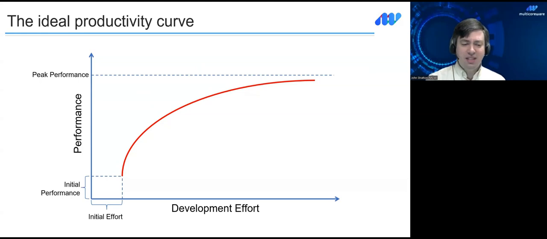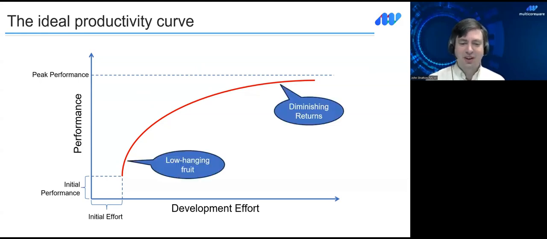You'll notice that this curve is, well, curvy. It's got a couple of points on it that I want to highlight here. One is, once you've gotten your first functional prototype, often a little bit of development effort gets you some pretty significant performance improvements. This is what you might call the low-hanging fruit.